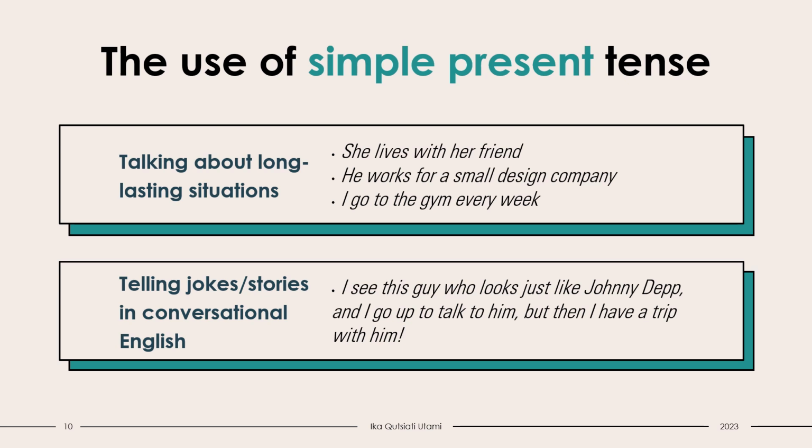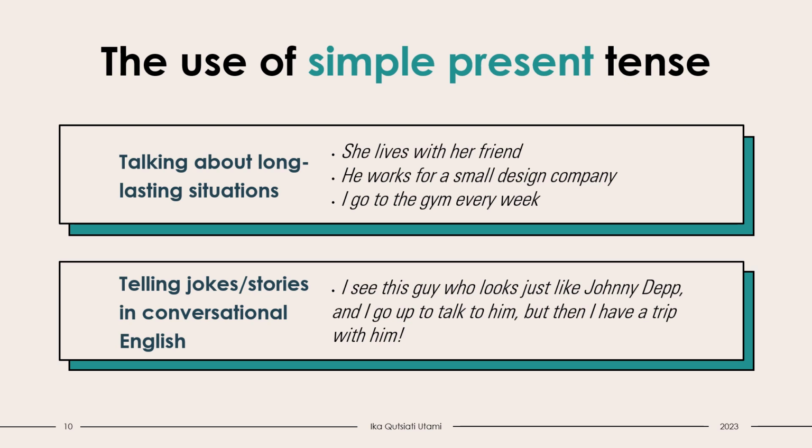After all, you are talking about a story, something which happened in the past. Actually, that's logical, but it's not always true. We often use the present simple to tell stories or jokes, even for things which happened in the past. This is only possible in conversational English.